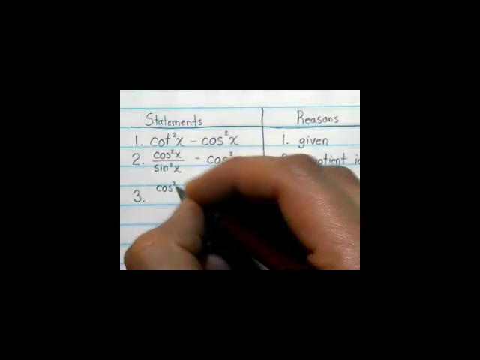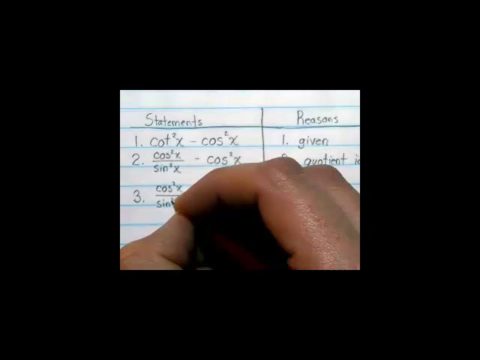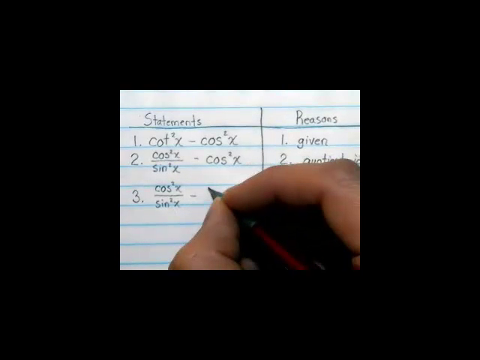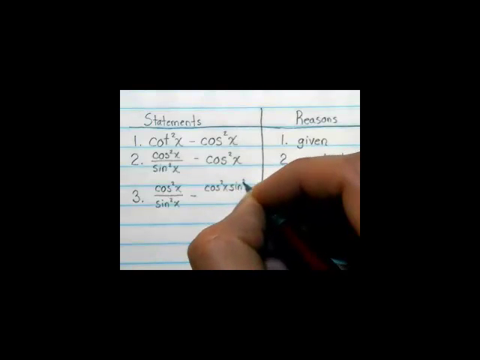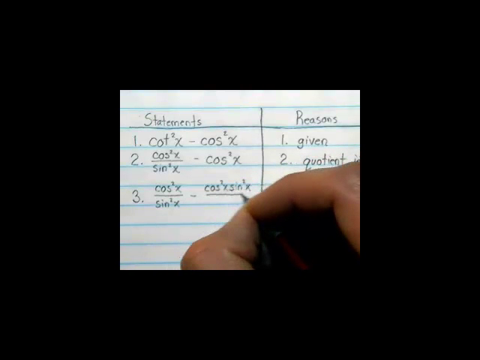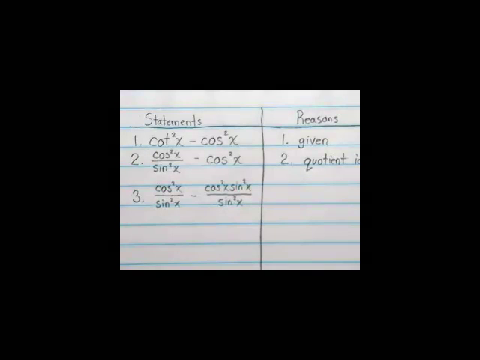So the first term is okay. The second term, we're going to have to do some multiplication to get it there. So it's going to be cosine squared x sine squared x over sine squared x. Does that make sense to everybody? Okay, multiply the top and the bottom by the same thing, and then you're okay. And that gives us sine squared for both of them.